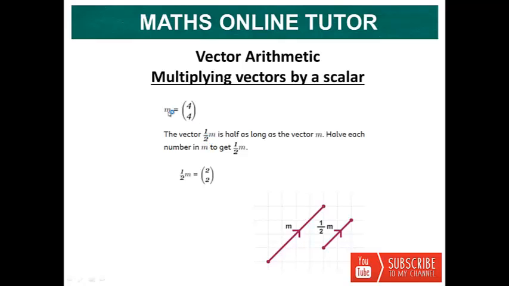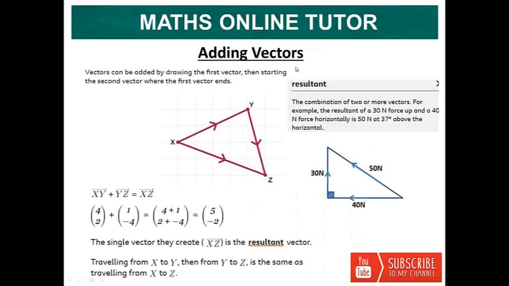In other terms, column vector m is divided by 2. So I have to divide each number in column vector m by 2 to find out the half m. Therefore, half m is equal to 2 and 2. So if I represent this half m vector, then there is an X translation of 2 in the positive X direction and a Y translation of 2 in the positive Y direction.